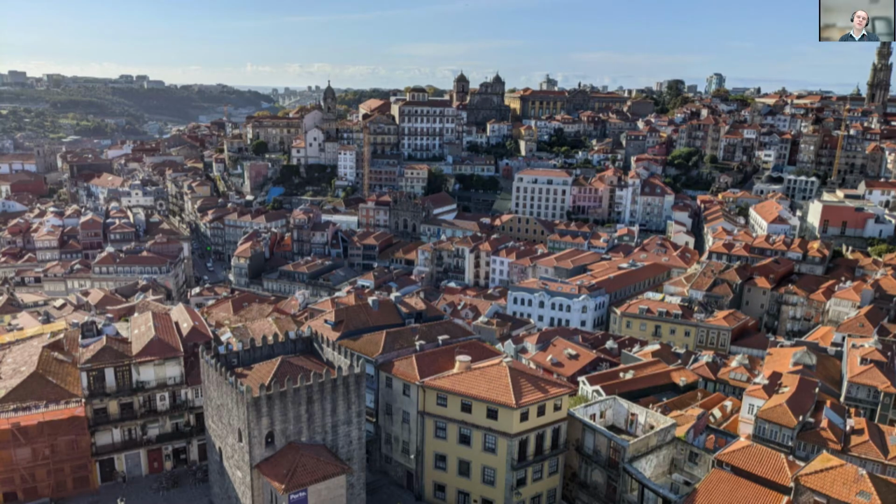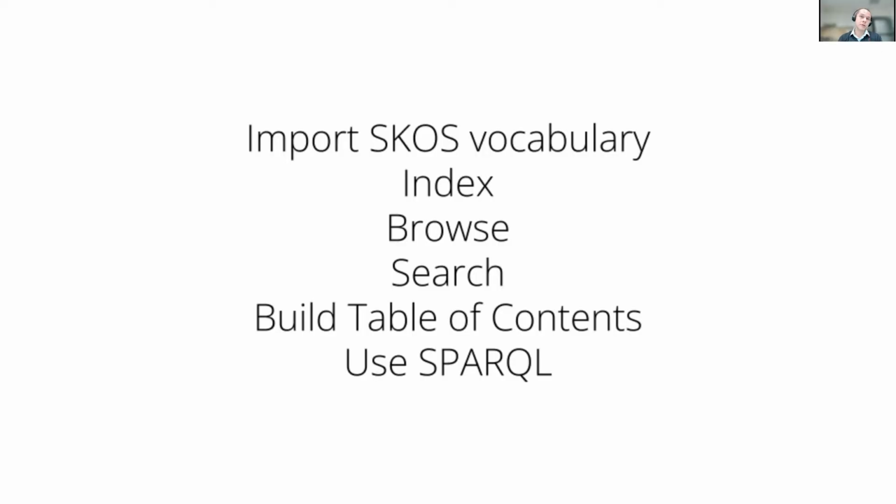Taxonomies for Confluence is an add-on that lets you use SKOS controlled vocabularies to index pages, do better search, build table of contents, and also use it to create Confluence content using Sparkle. So you can plug Confluence into knowledge graphs.